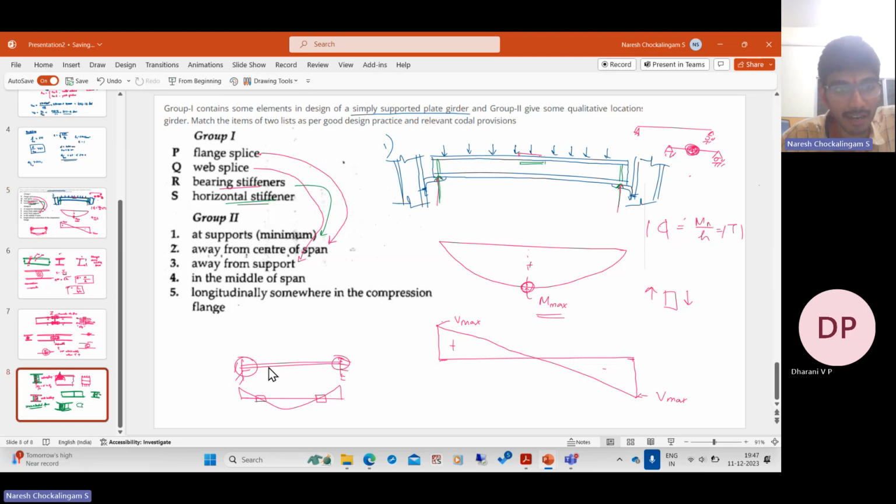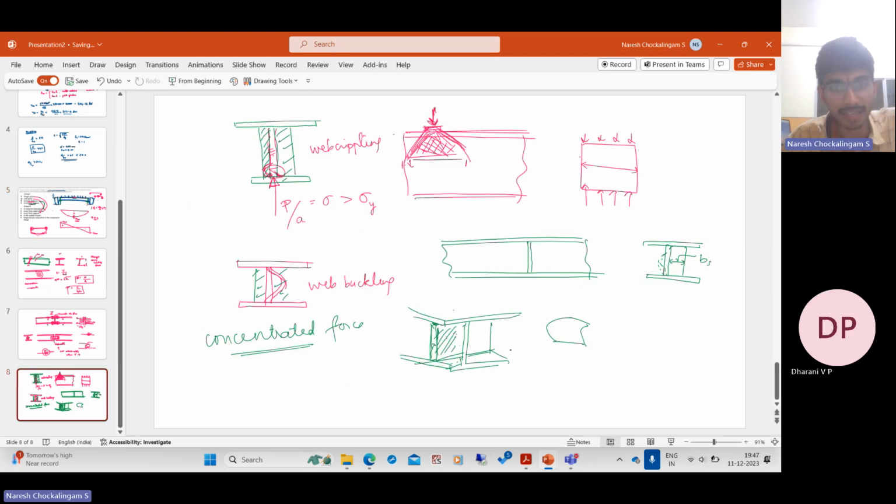Now, when we do all our analysis and find the moment capacity, we assume that the section doesn't buckle locally. Local buckling is a very bad mode of failure, although by itself it may not lead to the collapse of the beam. Take a beam like this, subjected to bending moment.